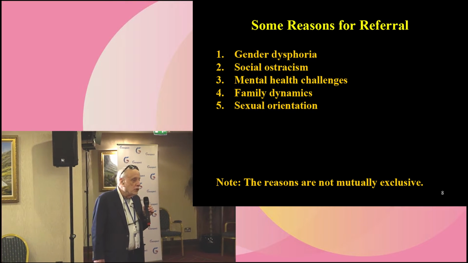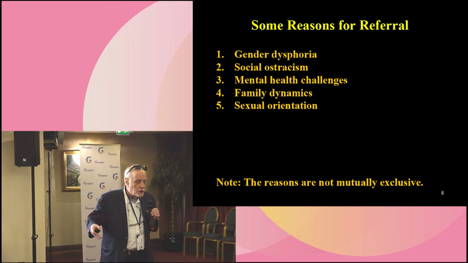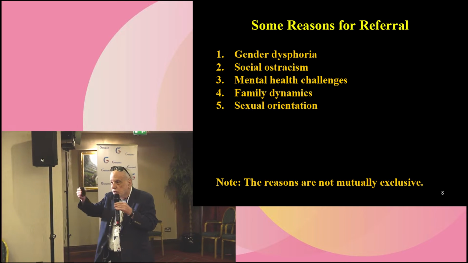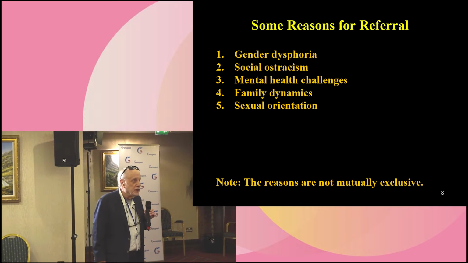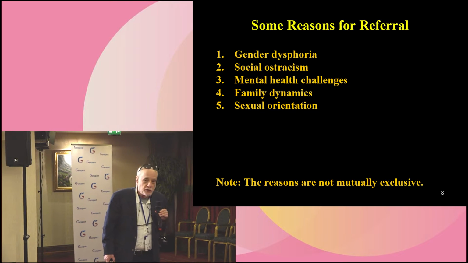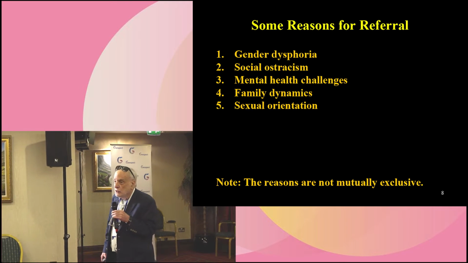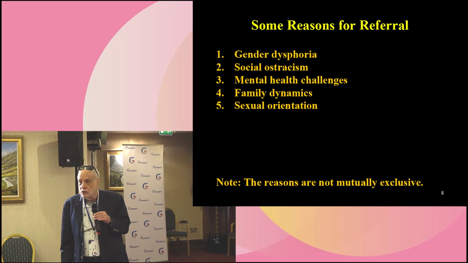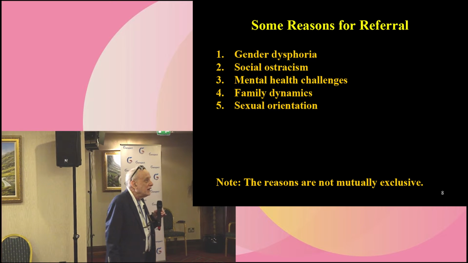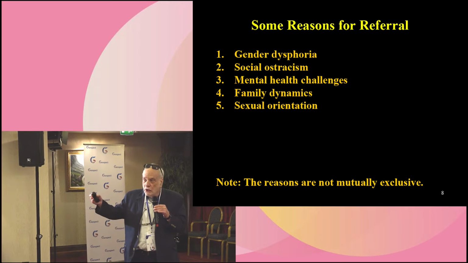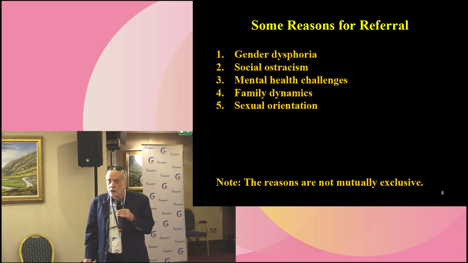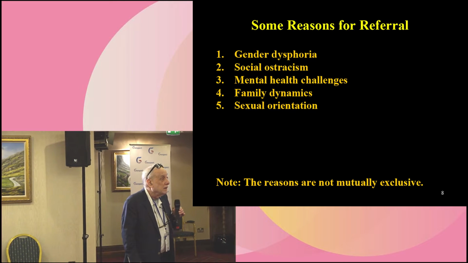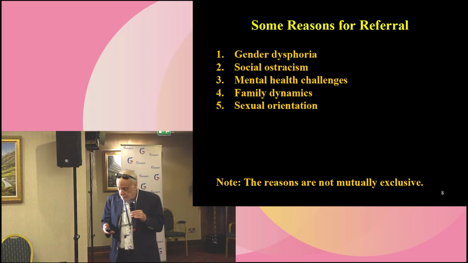Another parameter was family dynamics. So, for example, the parents might feel that something was going on in the family that was contributing to their child's gender dysphoria, and then also concern about their child's sexual orientation. That is, parents wondered, does this mean my child's going to grow up to be gay? And some parents didn't like that.